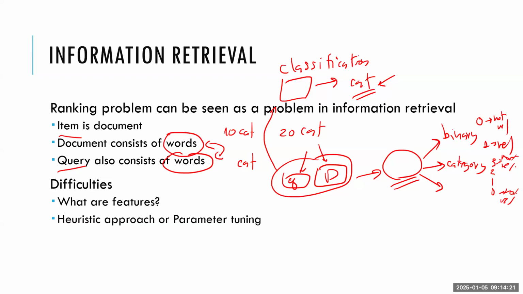So you can have levels of relevance. And then you can also have some kind of real value, basically a relevance score. You can give a score for this particular pair.